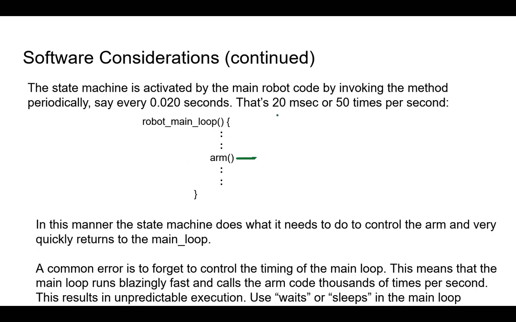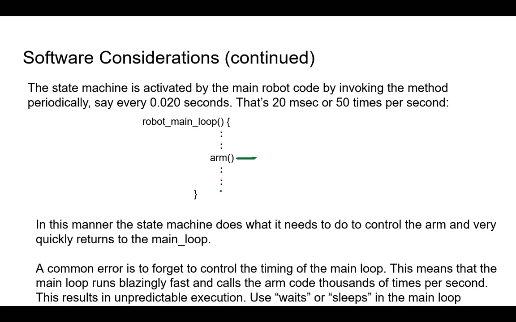Now, for reasons that we might as well explain now, we can't have this just call the state machines one after the other very, very quickly. Because in a typical robot, that means that this would execute thousands of times a second, which is, number one, you don't need to do that. And number two, it can actually cause a problem with the robot's operating system, the stuff that's given to you by FIRST.